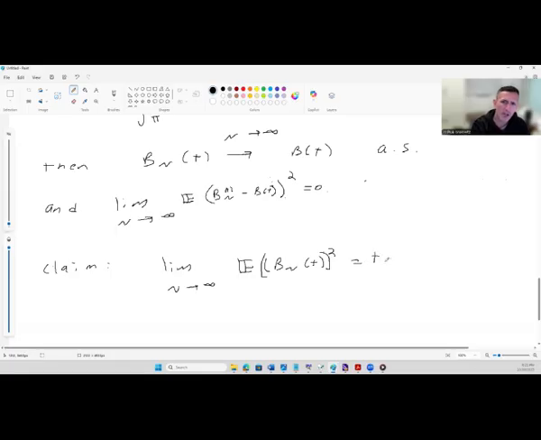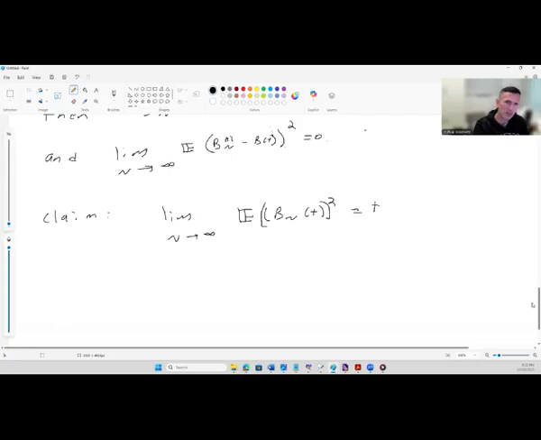One of the main properties of Brownian motion is that this is true. Almost the same proof will give you the following, and I'll leave this as homework.